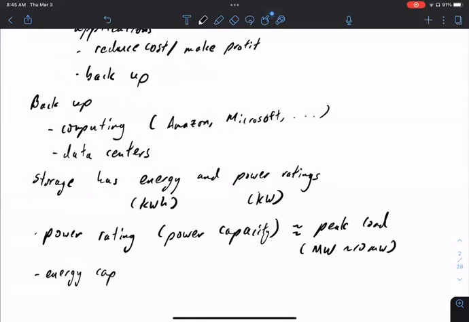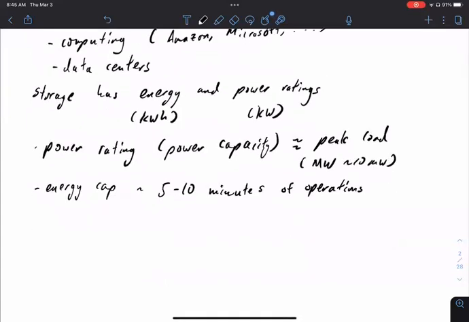So this is 5 to 10 minutes of operations. The reason you only need 5 to 10 minutes is that this is a failover to conventional generation. They have some conventional generation on site.